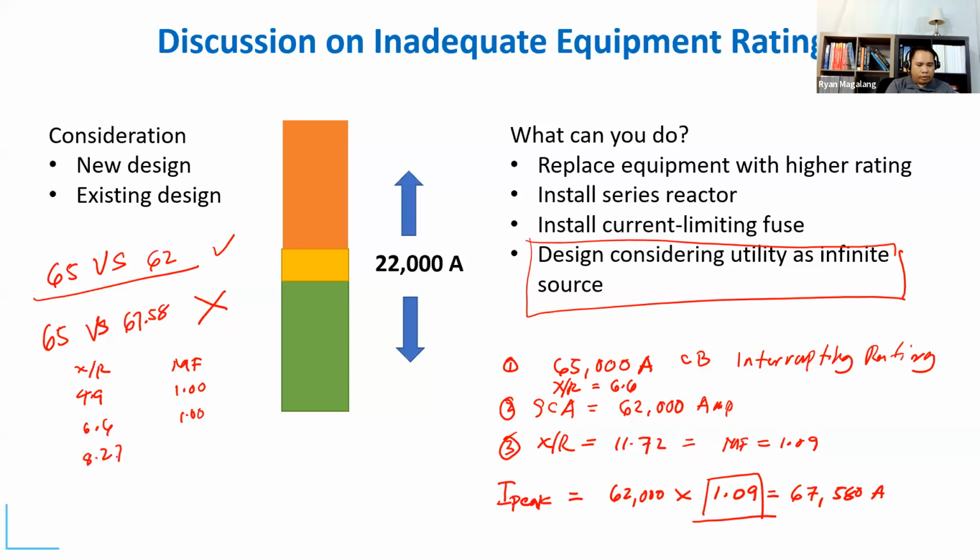For 6.6, it is one per unit. For 8.27 it is 1.04. For 9.95 it is 1.07. For 11.72 it is 1.09. This is where it came from.